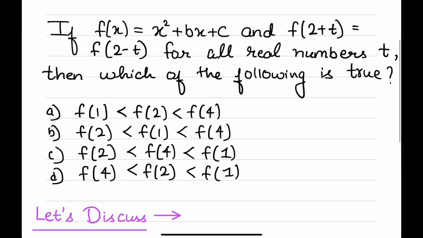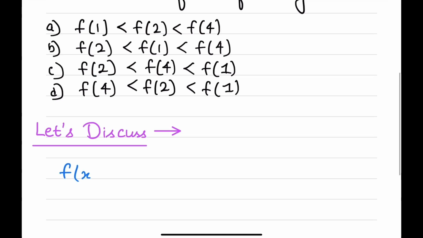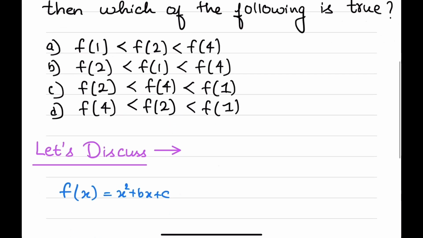Okay, let's begin. So f of x is given to me as x square plus bx plus c. So there are two variables here, b and c. They are real numbers. And it is given to me that f of 2 plus t is equal to f of 2 minus t.